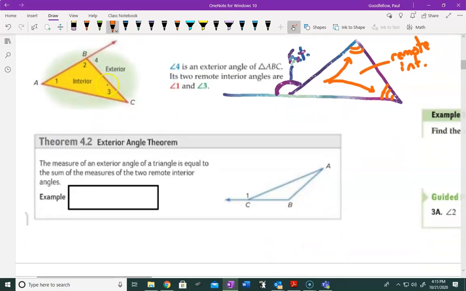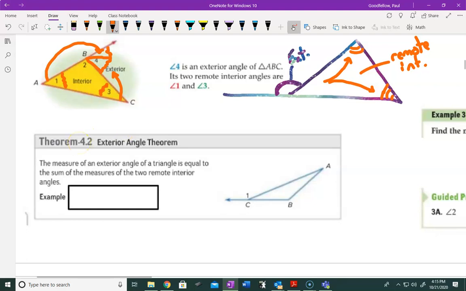If you could tear off these remote interior angles and paste them inside, right where the exterior angle is, like you put one tear like that and the other tear like this, they turn out to be exactly the same size as the exterior angle.